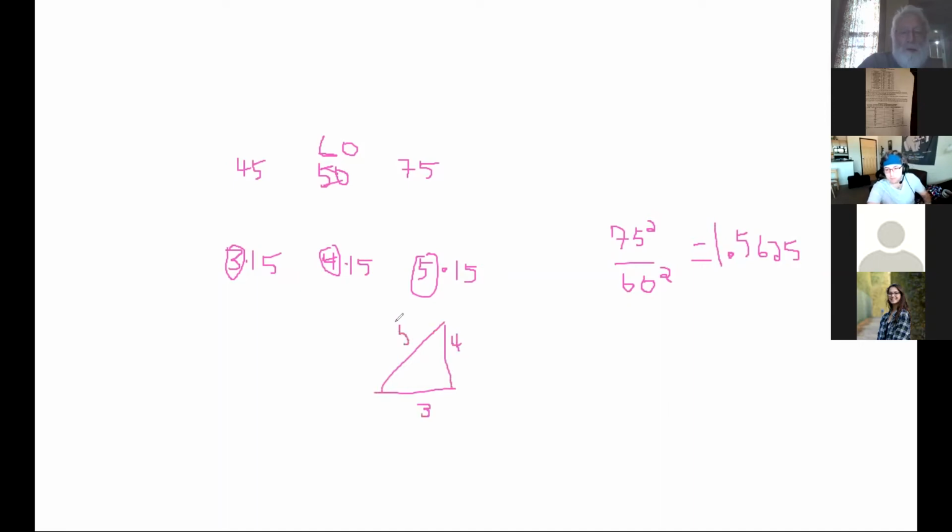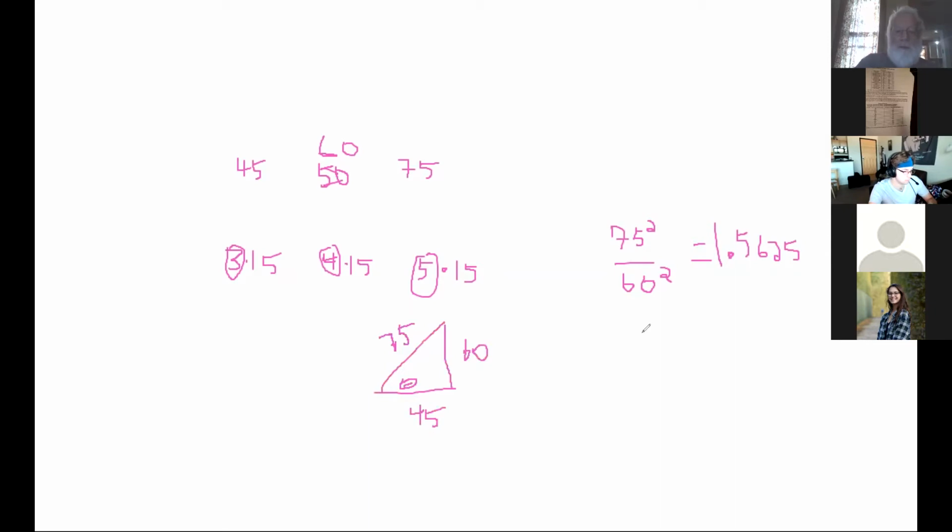I can put the bigger numbers, but I might as well do what they have, just so it works out. I'm going to put my angle theta here.